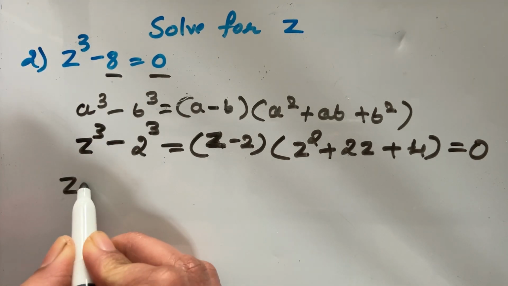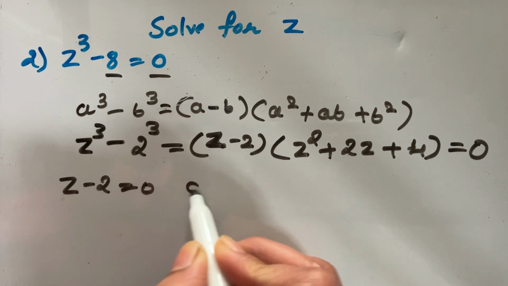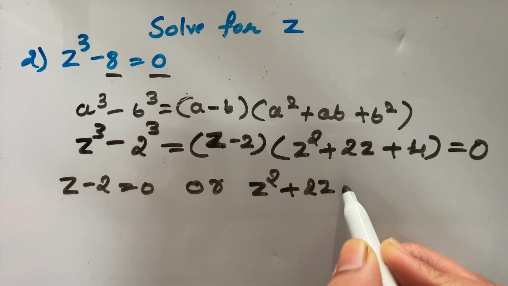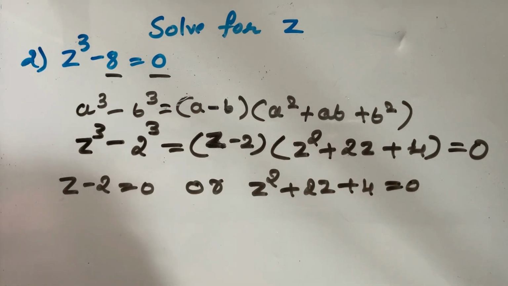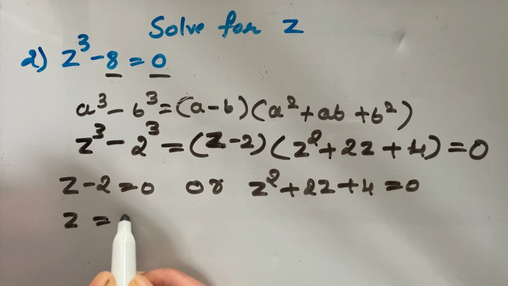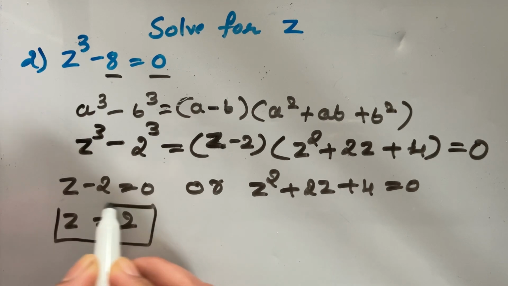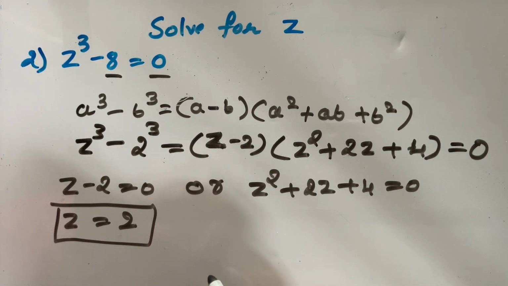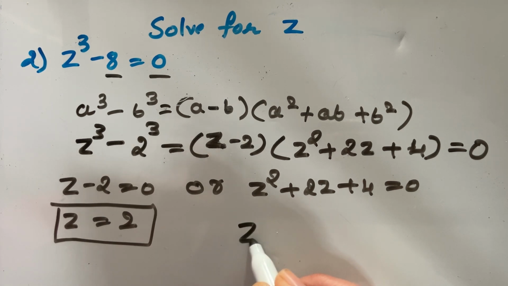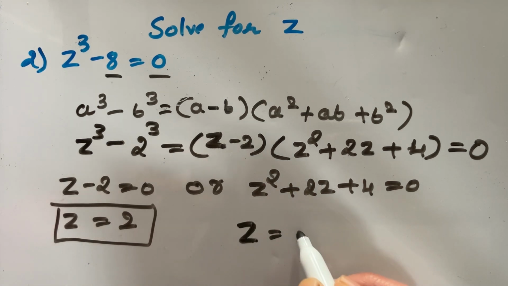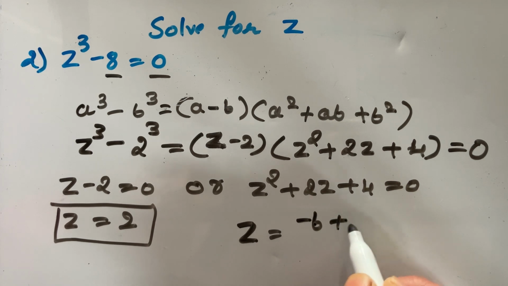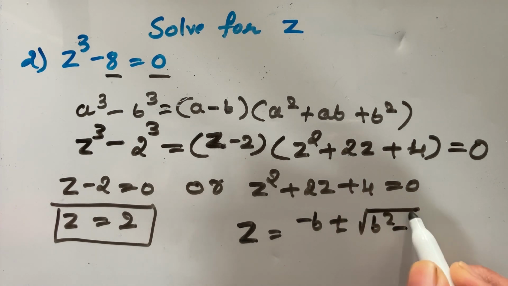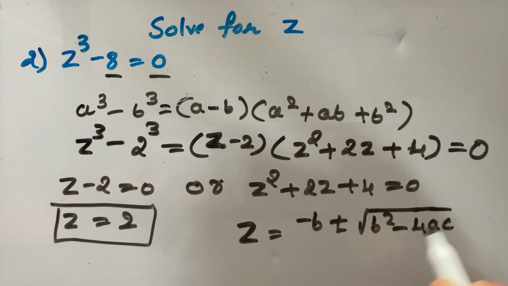Now we have either z minus 2 is equal to 0 or z square plus 2z plus 4 is equal to 0. Z minus 2 is equal to 0 means z is equal to 2, or we can use the quadratic formula here, that is z is equal to minus b plus or minus square root of b square minus 4ac divided by 2a.